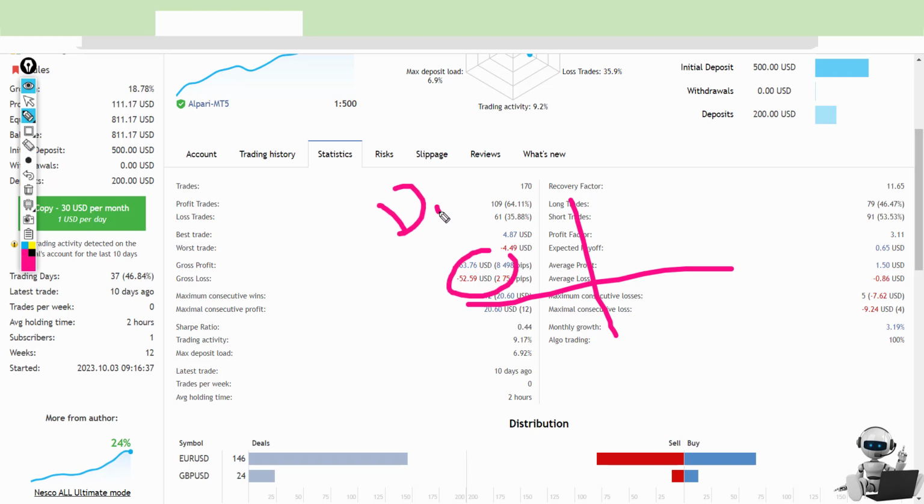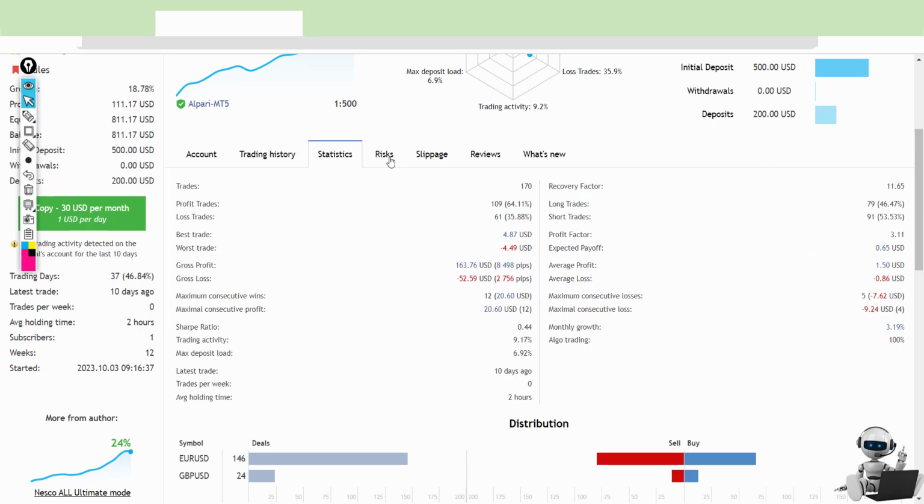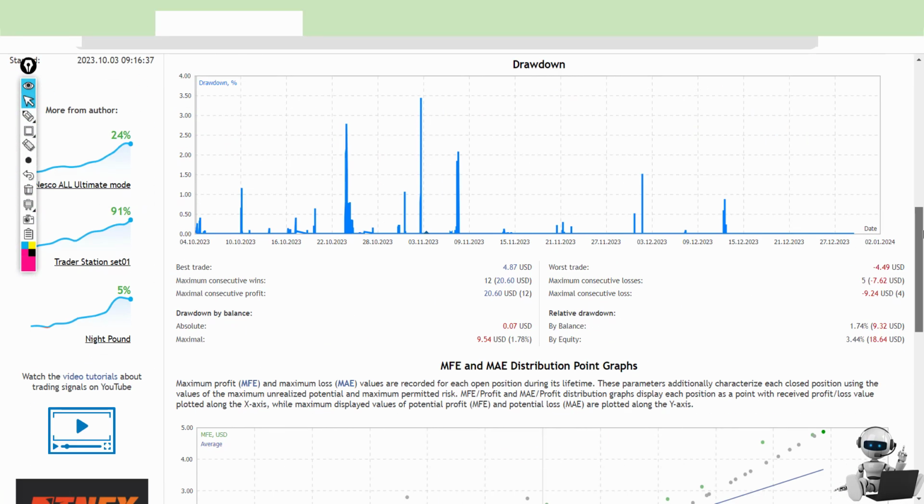First you have drawdown and then you have profit. So whenever your profit increases, there is a possibility that your drawdown will increase as well. That means if you want to balance between a good profit and also a reasonable drawdown, this is a good EA. So always you have to balance between everything, the risk, the reward, and so on.